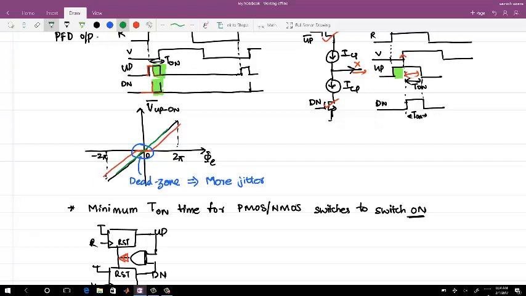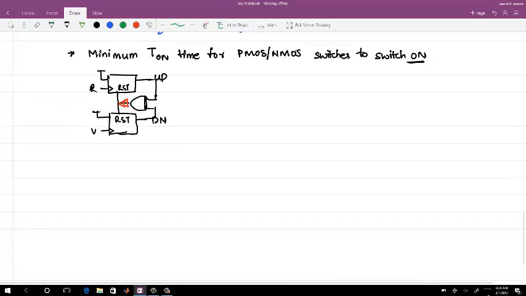So this one is a PFD with finite T on. Now we have a PFD which has a finite T on period.